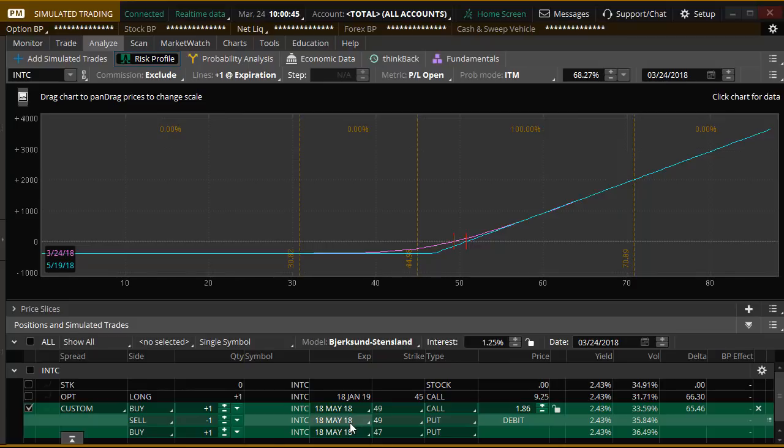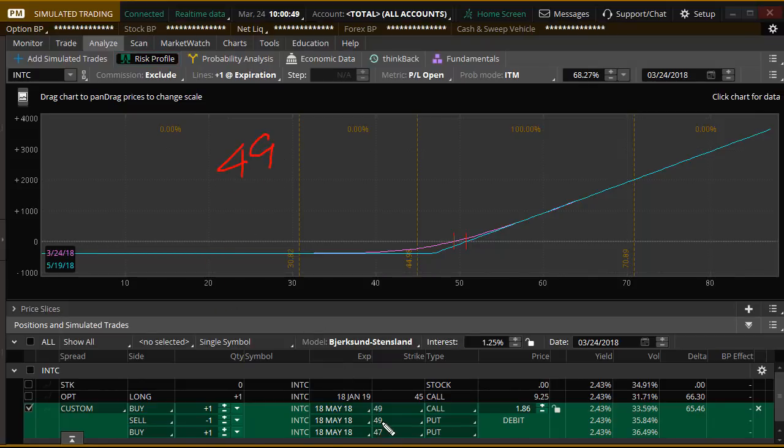Our risk, when we bought this put, we have our long call here at 49 on this one, right? Our long call's at 49. We have the right to buy the stock at 49. We bought the 47 put here. The 47 put says we have the right to sell the stock at 47.